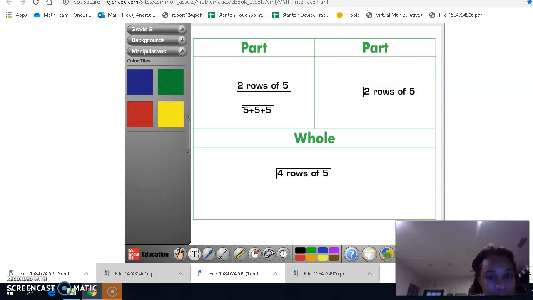So to describe each part, it's actually going to be 5 plus 5 equals 10. And this part is also going to be 5 plus 5 equals 10.